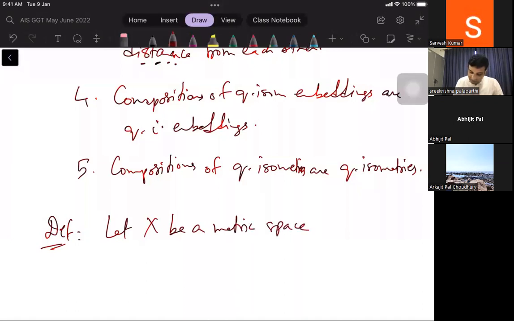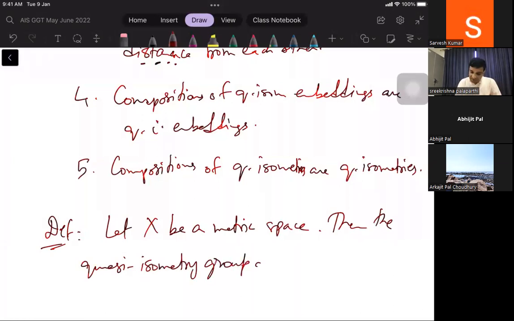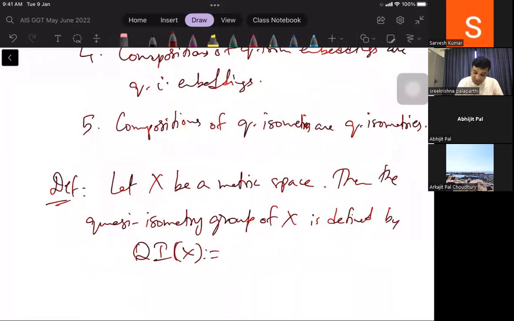Okay, and then the quasi isometry group of X is defined by QI of X, which is basically the automorphisms of X in the category, I'll just write a subscript, Q met, and explain that.